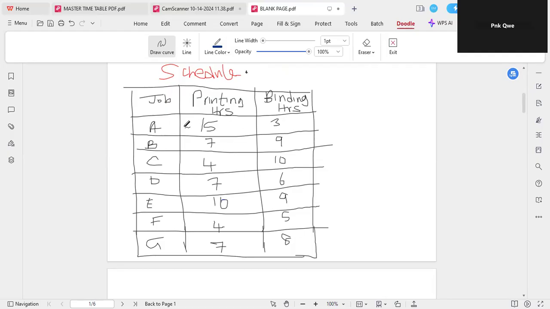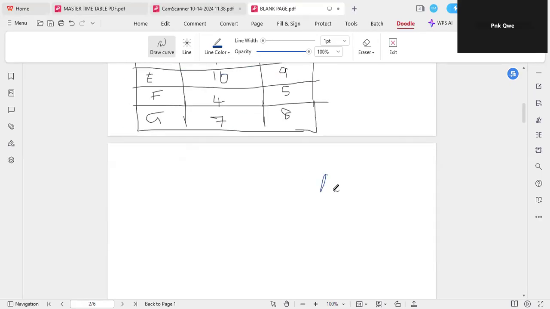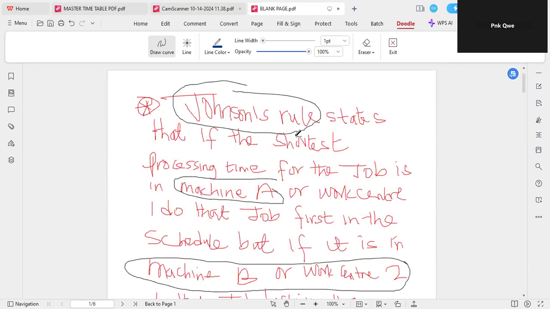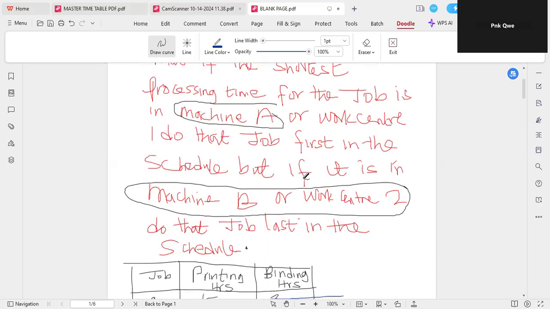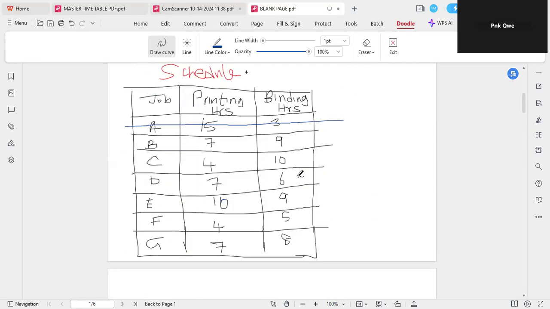So we do job A at last because it is in binding. You can only bind what you've printed. So A comes here at the end because the rule says that if the shortest processing time is in machine B or work center 2, do that job last in the schedule. So you do job A at last.